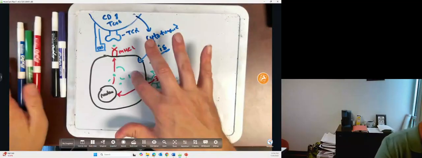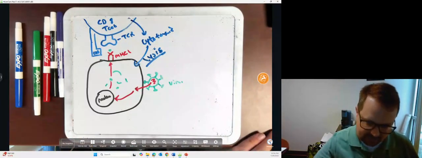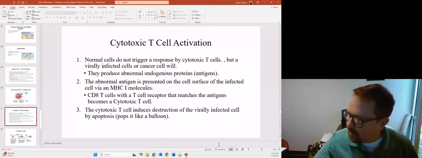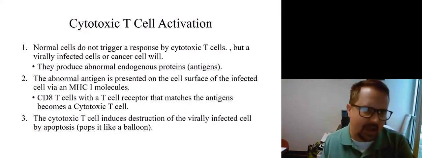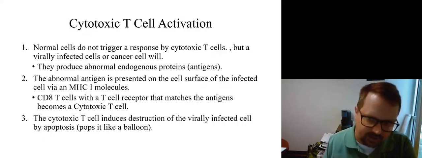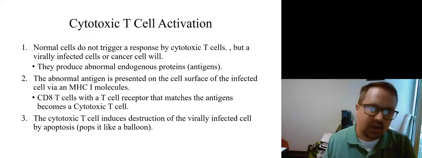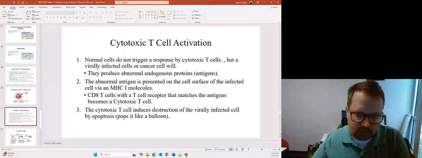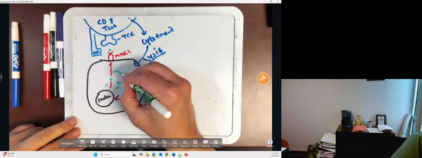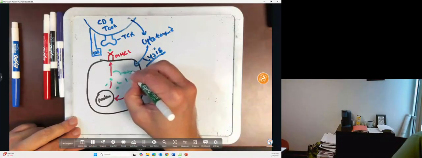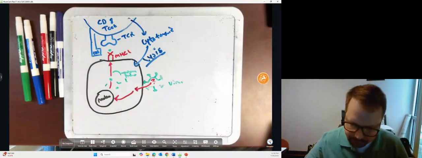It will cause lysis, and we will destroy this virally infected cell so the cell doesn't spread the virus. Okay? And pop it. It's going to pop it like a balloon. Okay? Now, what's going to happen? The normal cell doesn't trigger this, but a virally infected cell will. They will produce abnormal endogenous proteins called antigens, which those right here, by the way, these are your endogenous proteins. Okay?